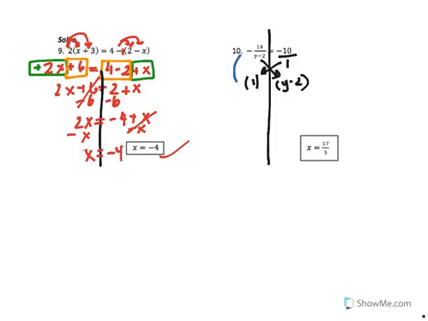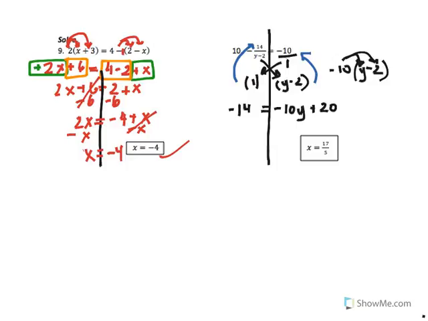Now I multiply this by the numerator, and I get negative 14 equals, multiply this by the numerator, and I get negative 10 times y minus 2. I give the negative 10 to each piece in here. I get negative 10y plus 20.